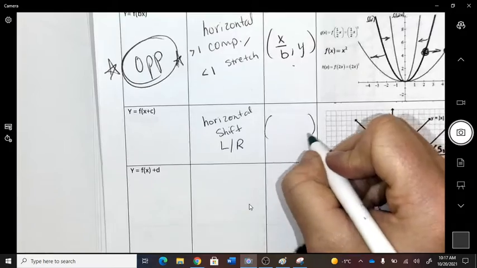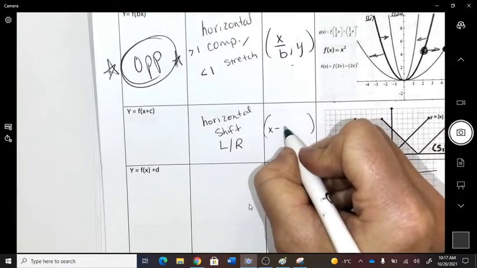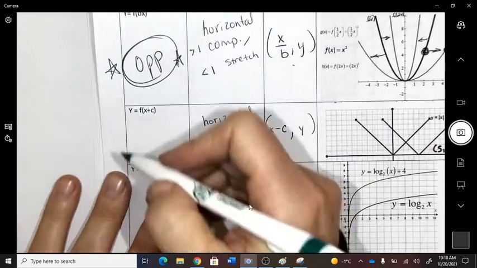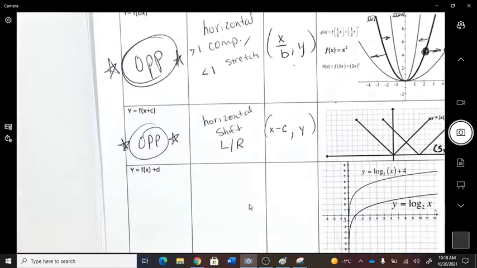So the coordinate gets affected, X minus C. You notice how I wrote it? Another opposite. So if I see a plus, then it's actually going left.